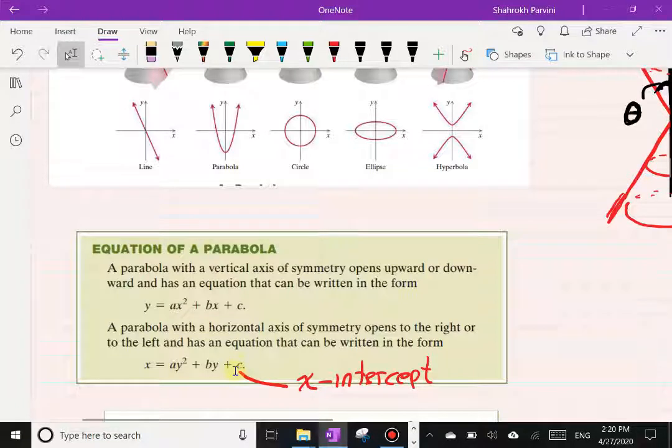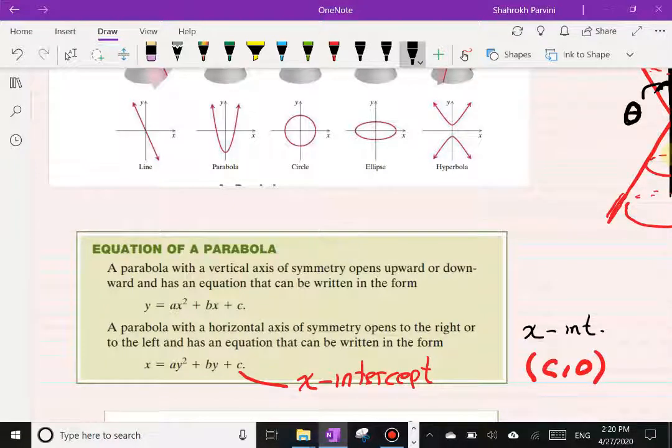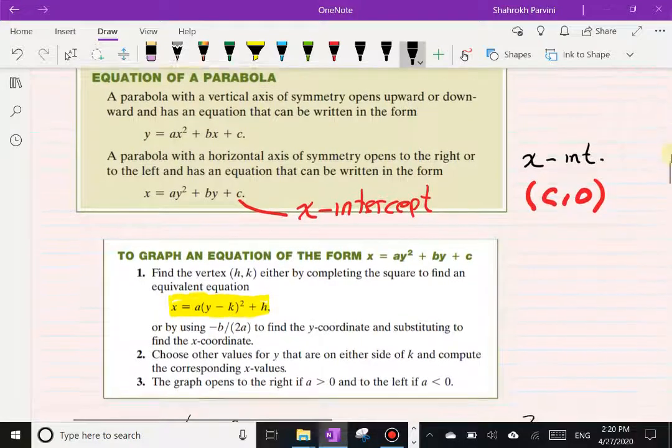Remember, the point where y would be 0, that is the x-intercept of the graph. So I'm just going to write that here. It's going to be (c, 0), and that's going to be the x-intercept of the horizontal parabolas. So let's continue on.